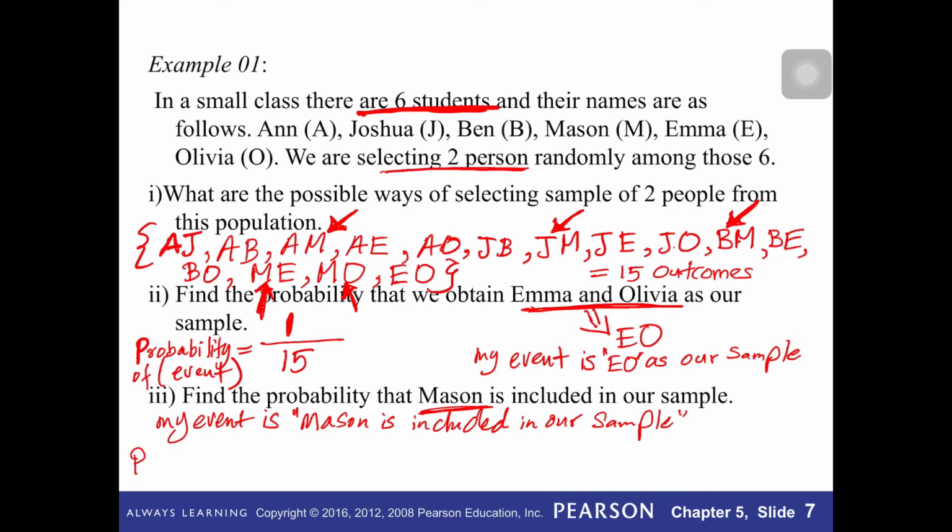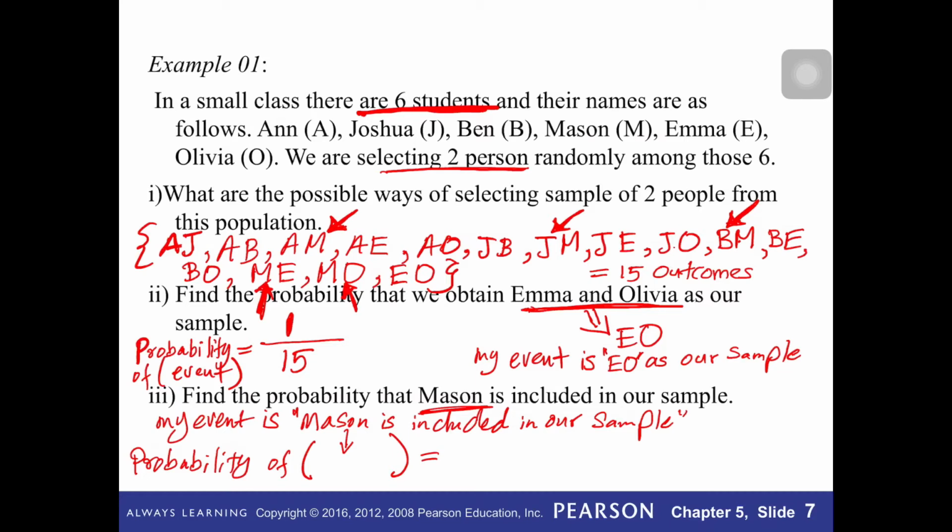So probability of this event, I'll put the bracket here. You have to write down this event: Mason is included in our sample. Okay, is equal to, so what is the frequency? 1, 2, 3, 4, 5.